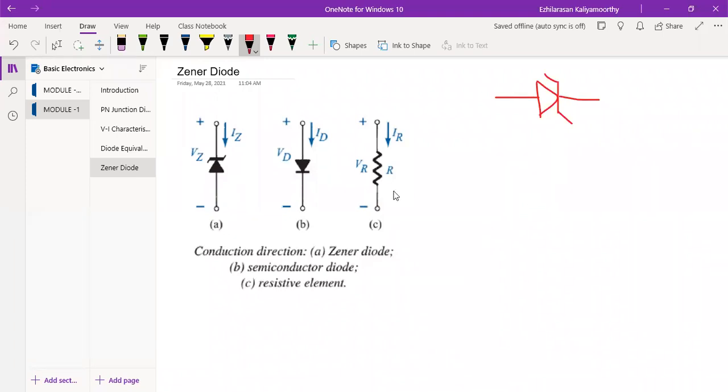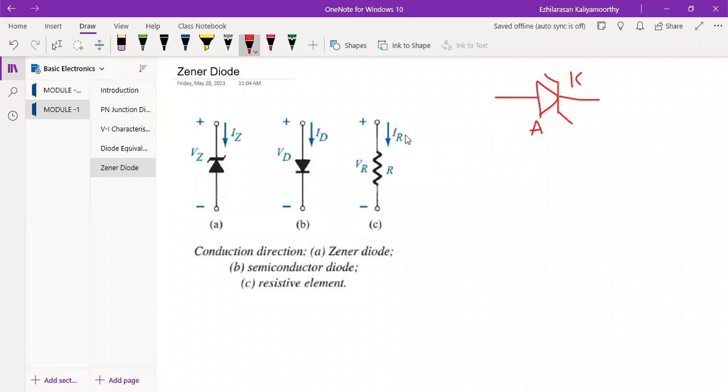That is, the anode is positive with respect to its cathode, just like a normal signal diode. That is what a normal PN junction diode is, passing the rated current.